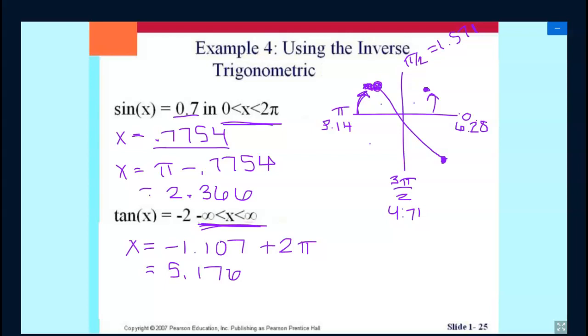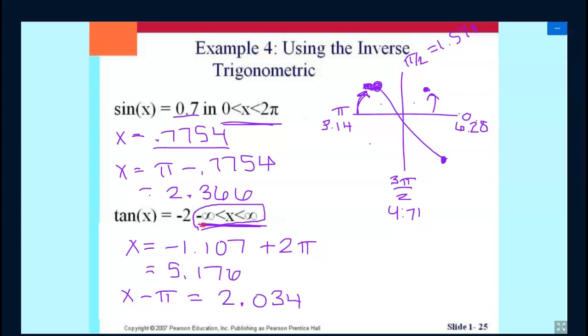So that is a straight line, which would be like subtracting 180 degrees, but we're in radians, so 180 degrees in radians is pi. So it would be x minus pi. So it'd be 5.176 minus pi, or 2.034.